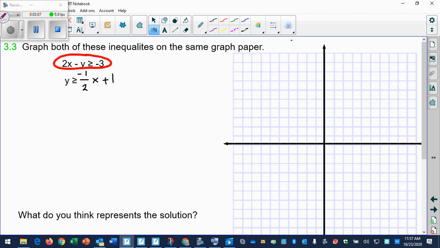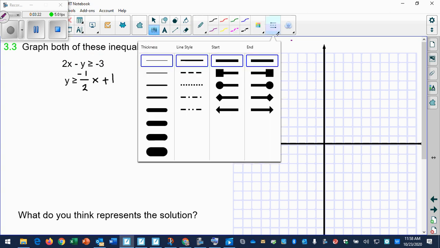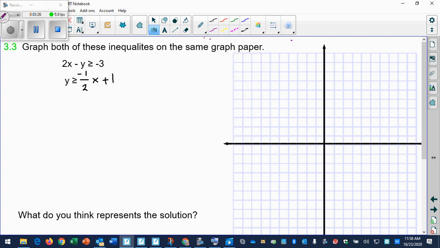Slope-intercept form, I get you. So what do I do? Joel? How do I get this in slope-intercept form? Yeah, I'm going to erase this. Okay. So subtract 2x, and I have negative y is greater than or equal to negative 2x minus 3.